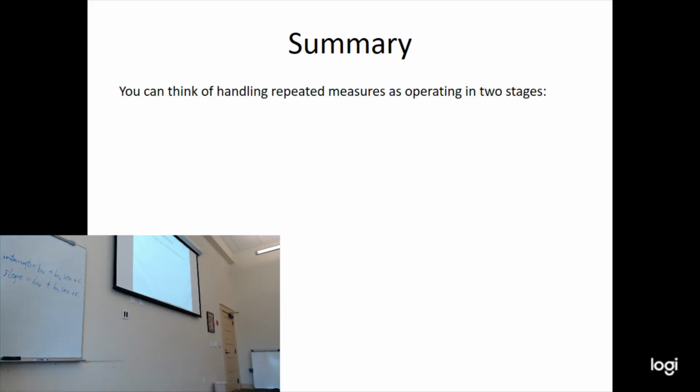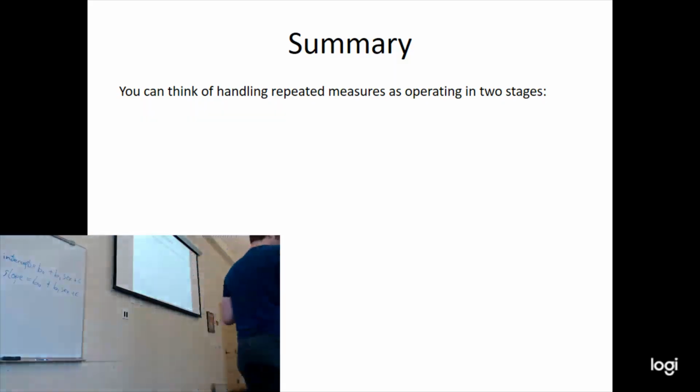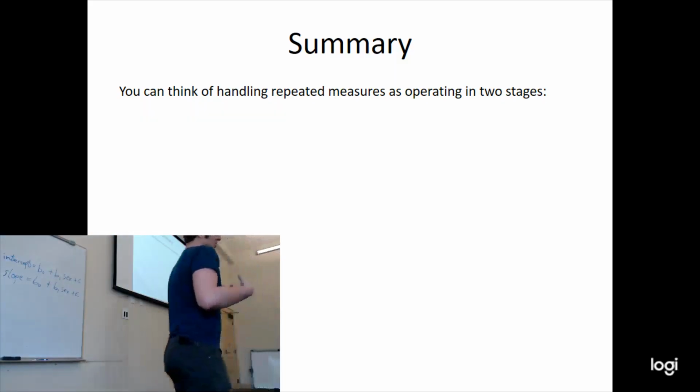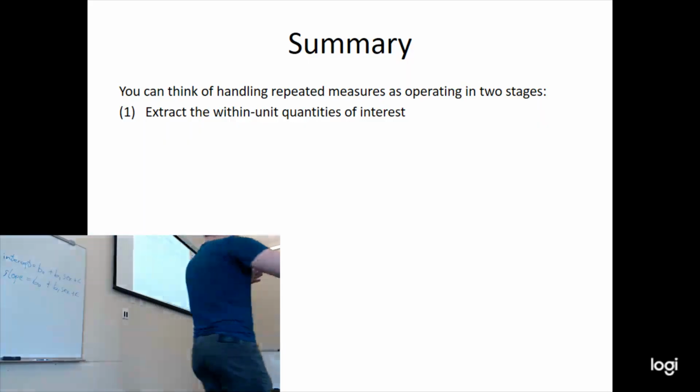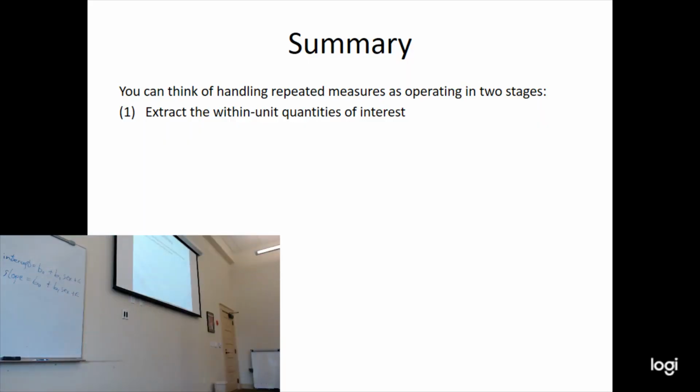So just to recap, you can think of analyzing repeated measures data as proceeding in separate stages. In the first stage, you get what I'm calling within-unit quantities of interest. Within unit just means within reviewer or within company, within school, within classroom.